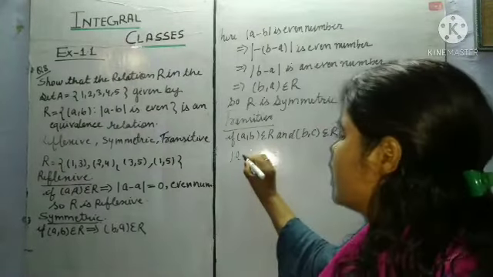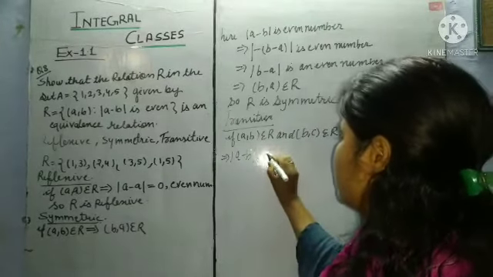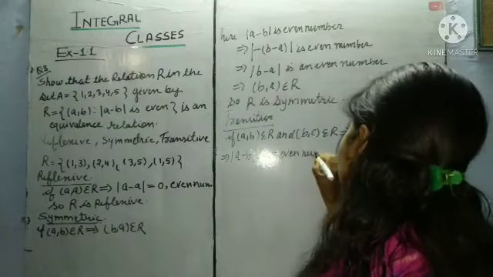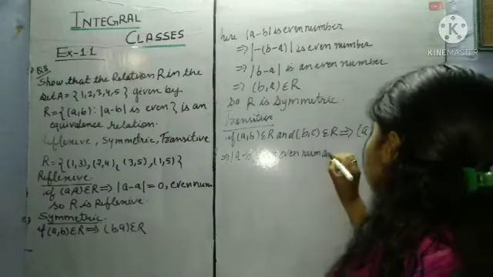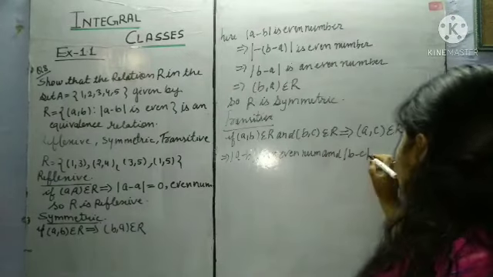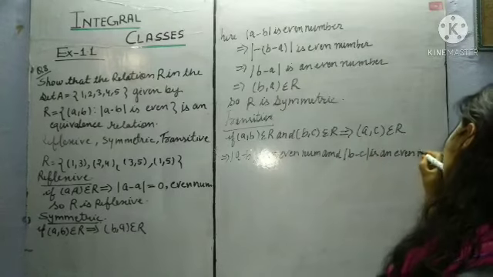It means a minus b is an even number, and b minus c is an even number.